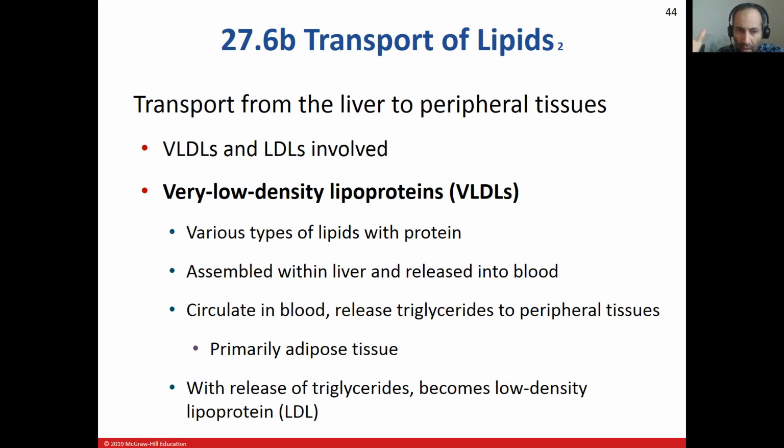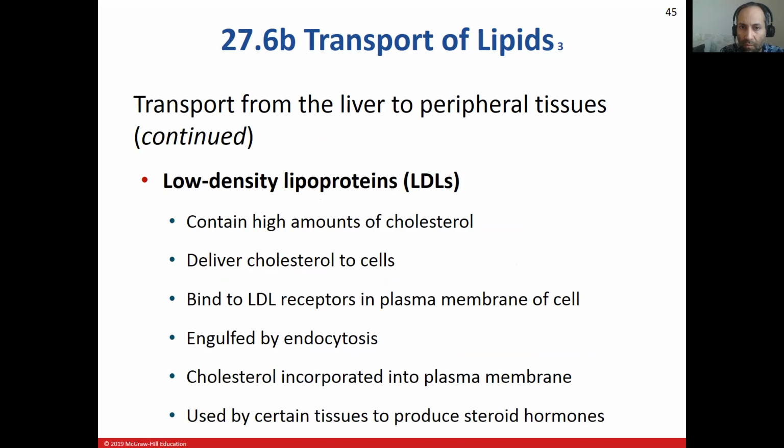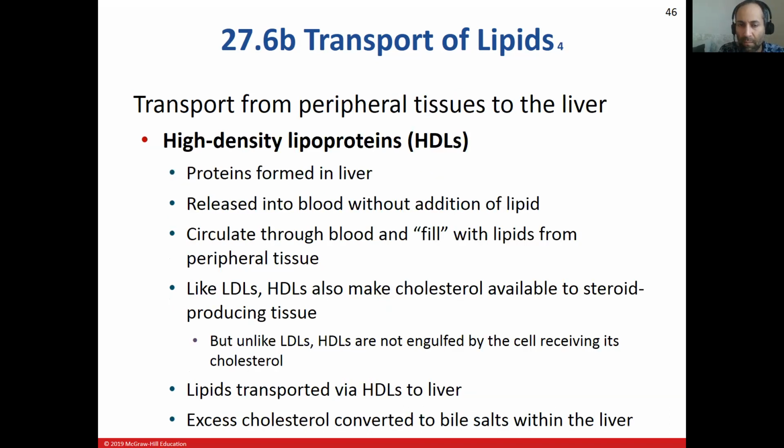This is your primary adipose tissue. So after some of those triglycerides let go of some of the fat, then they turn into low density or LDL protein, okay? You have high amounts of cholesterol here. And what LDLs do is they carry this cholesterol and deposit it in your body cells, including your heart cells and brain cells. Not a good thing. That's setting you up for a heart attack or a stroke. Okay, so low density lipoproteins is the bad type of fat or bad type of cholesterol.